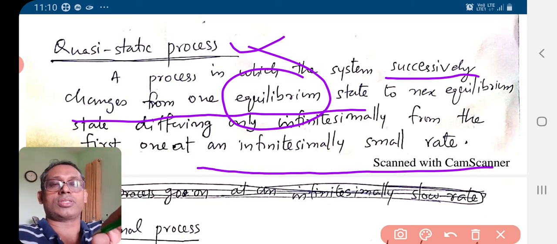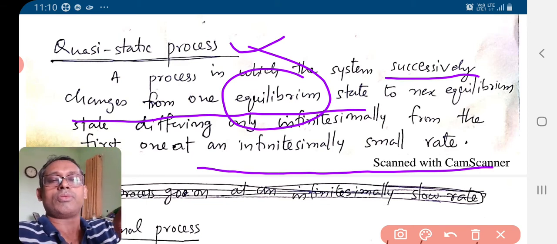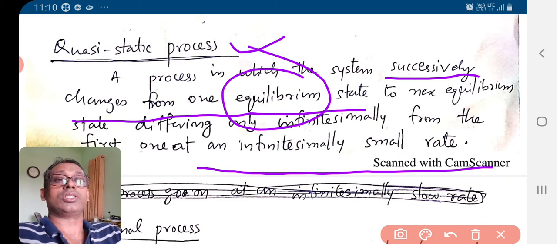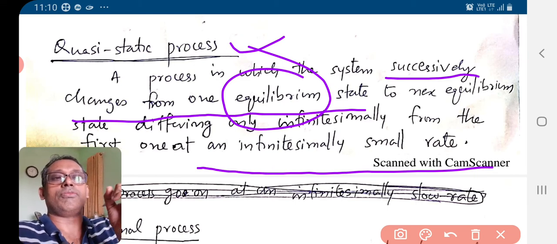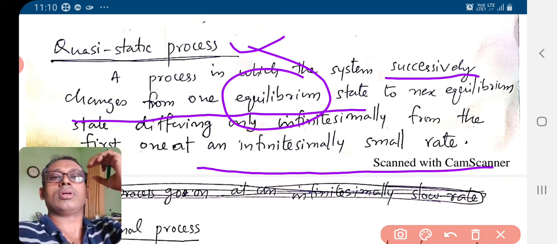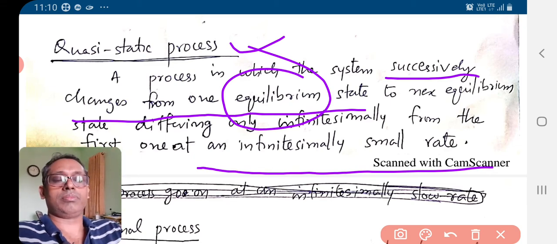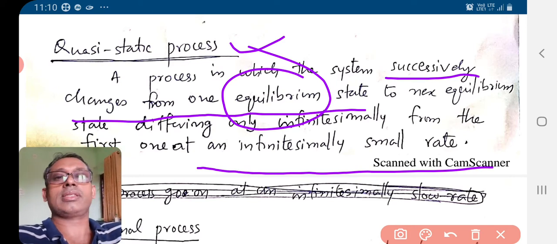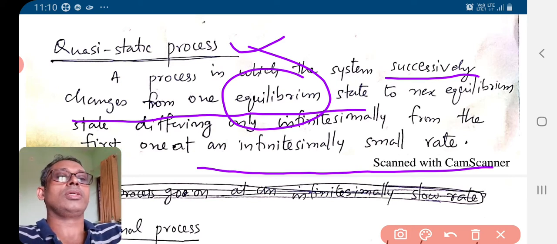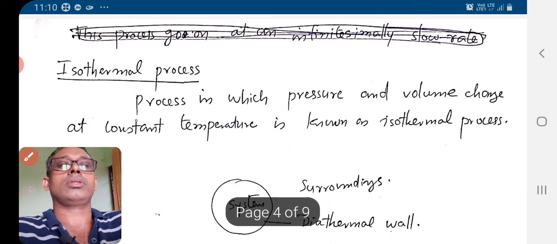Small change in pressure, small change in volume, very small change in temperature, and this takes place at a very small rate, so it takes a lot of time for the change to take place. Such a process is called a quasi-static process.